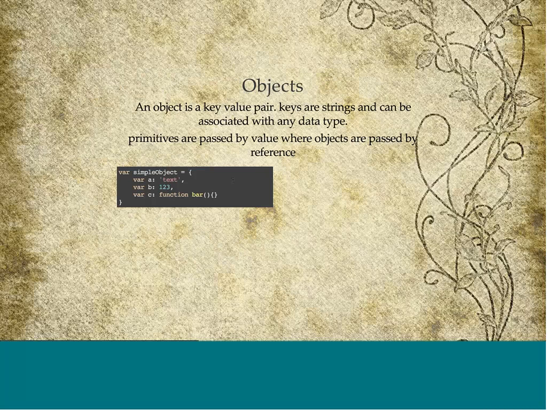You have three properties on this object. One is a string, b is a number, and c is a function. When you look at this data map, the simple object, on the left-hand side is the column of keys, which are strings, and on the right-hand side is the associated value for each.